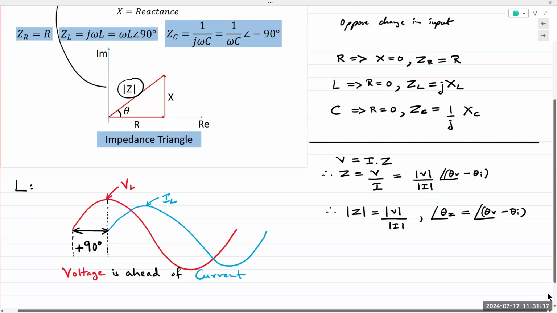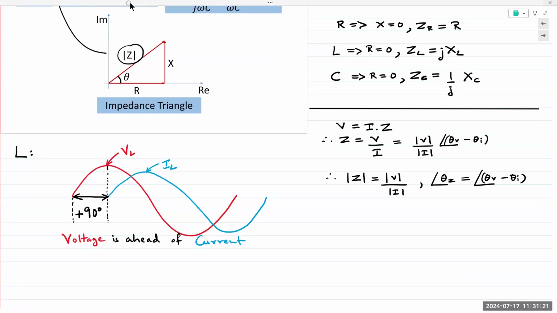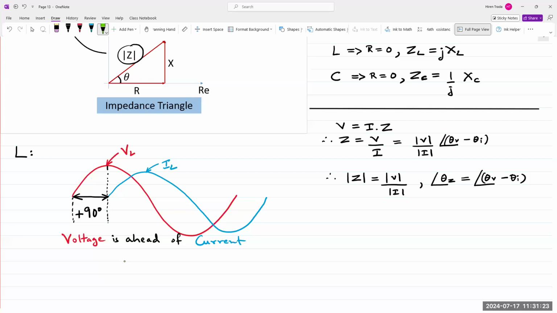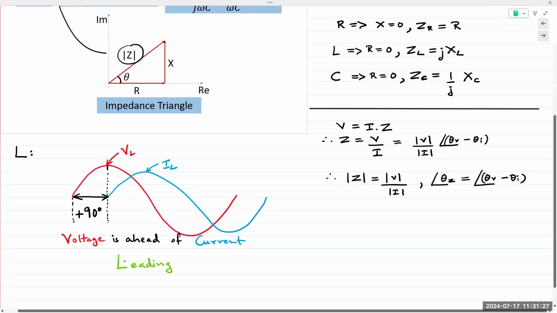In technical terms, ahead means it is leading.